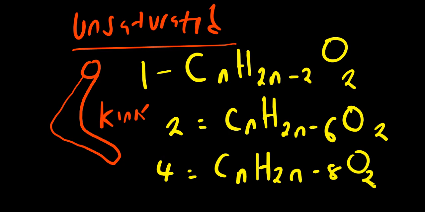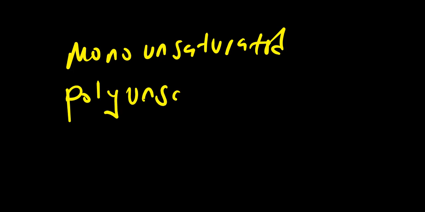If a fatty acid has a single double bond, it will be called a monounsaturated. If it has more than one, it will be called a polyunsaturated fatty acid.